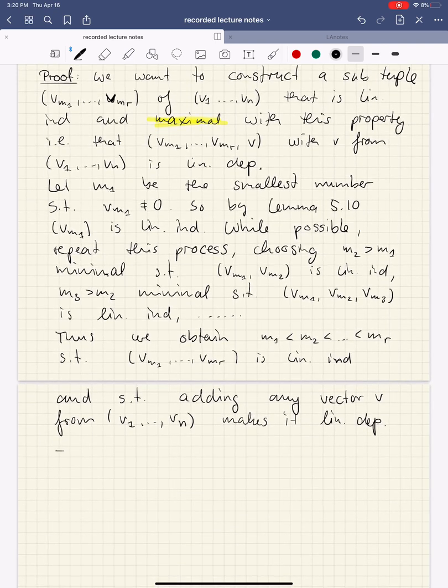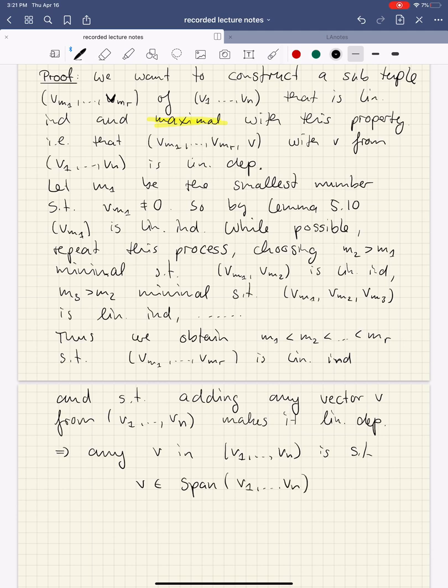But this implies then that any v in V1 through Vn is such that v is in the span of Vm1 through Vmr.